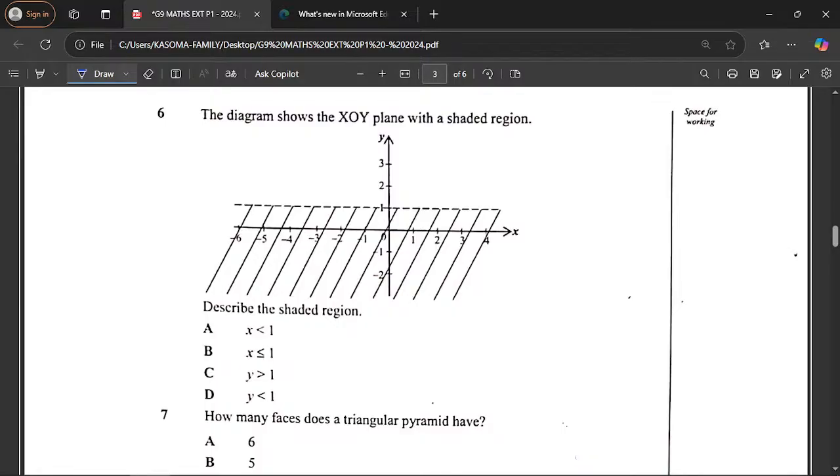Okay, so when we look at the shaded area and consider the y-axis, the one coming from down going upwards, the shaded area is cutting the y-axis at 1. So in relation to y, the shaded area is 1 going downwards.